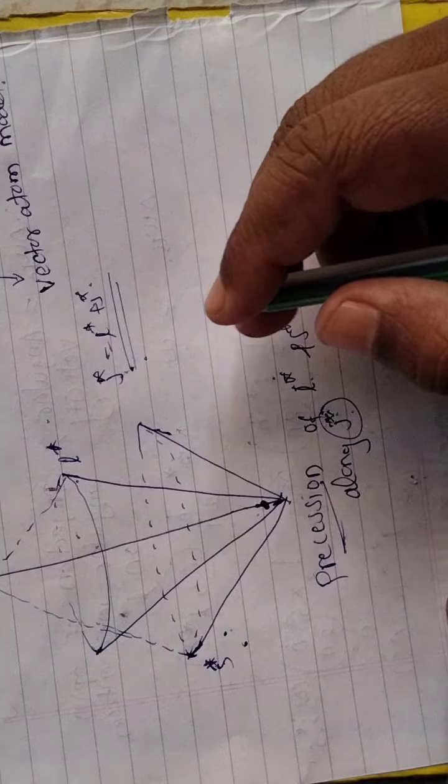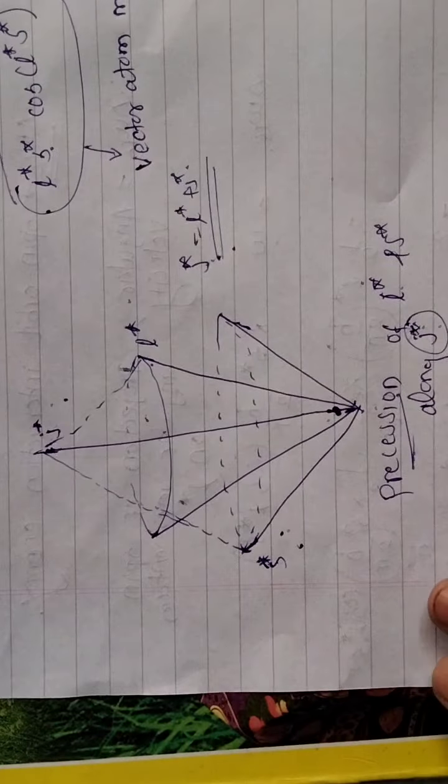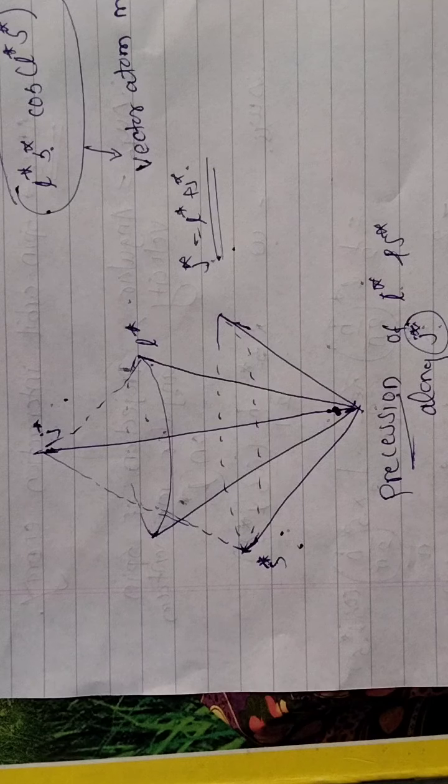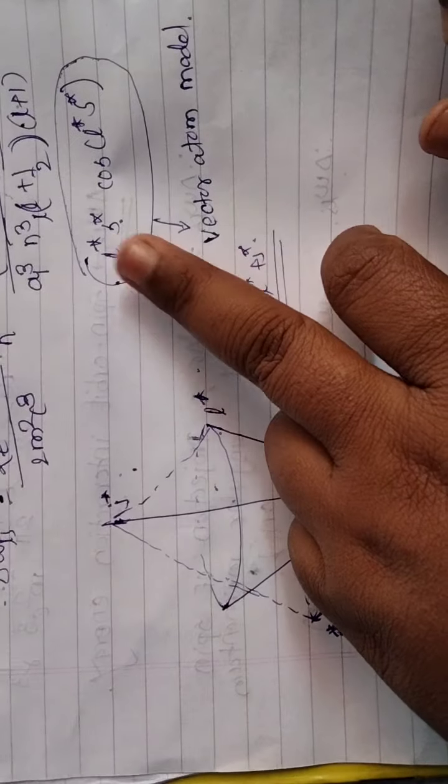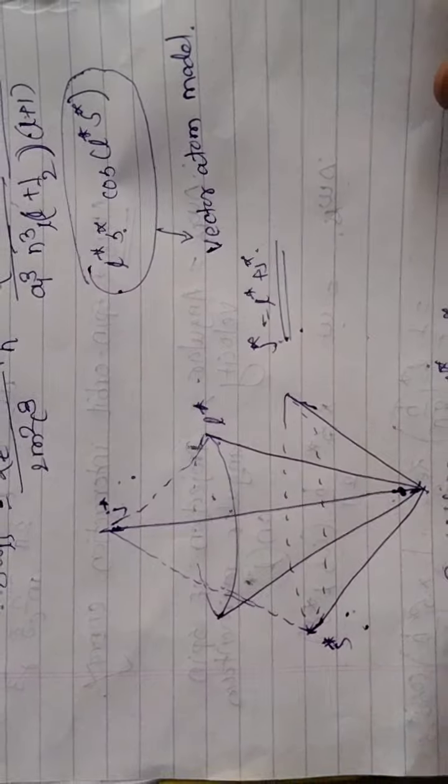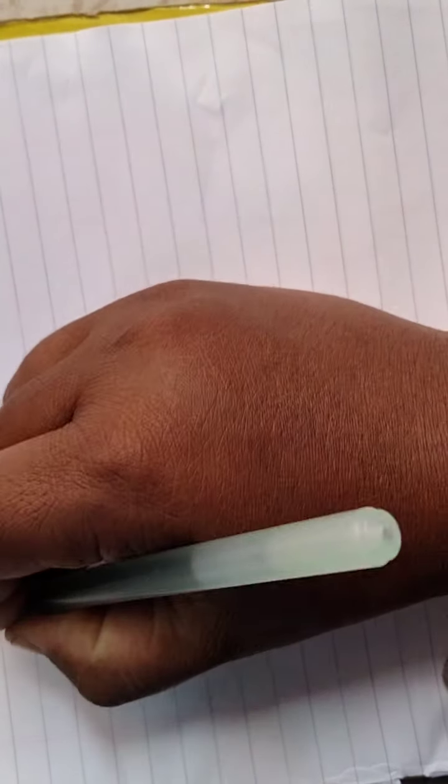Okay, so by using the cosine law, when we apply the cosine law here for this equation, we will calculate this value. By applying the cosine law, we calculate J star square.